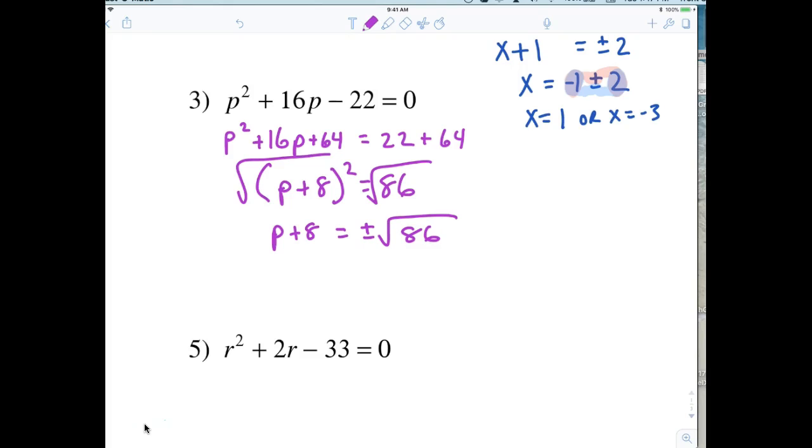We always want the exact answer. So now my answer is just p equals negative 8 plus or minus the square root of 86. That's the answer. All right, does 86 break down? No, because 2 times 43 is 86, and those are prime.